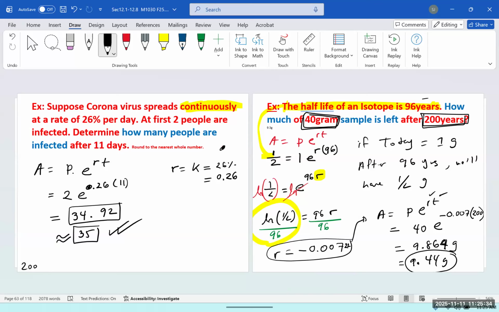In the exam, if it's close, then it's fine. But if it's a huge gap, then something is wrong. Here I see a huge gap: 9.8 and 9.4. 9.8 is closer to 10, but 9.4 is closer to 9. So this gap will cause a problem.